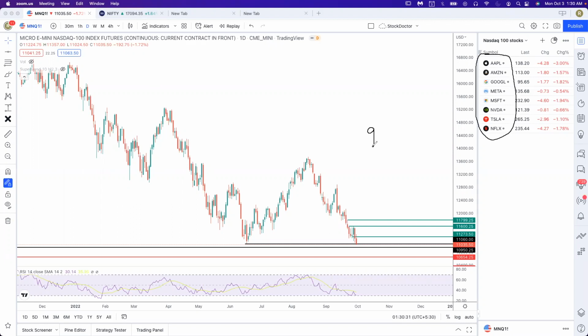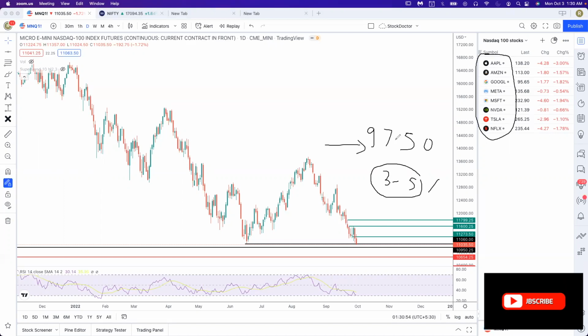This is a good time to add the stocks now also, but more when it comes towards 9750, and the horizon should be a minimum of 3 to 5 years. This should be the minimum horizon for the investment.